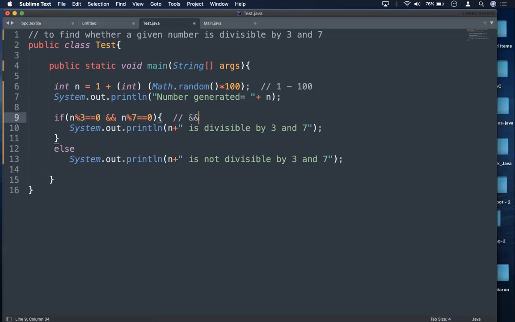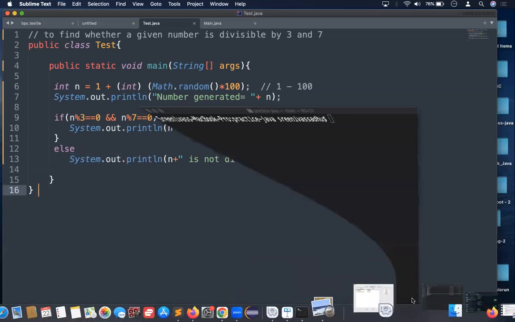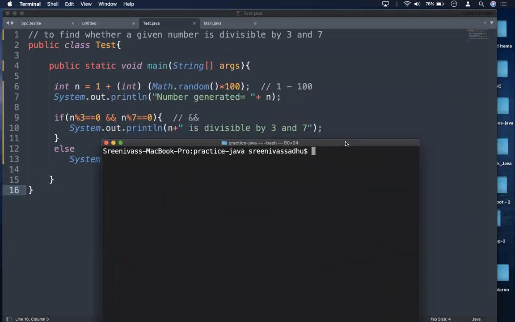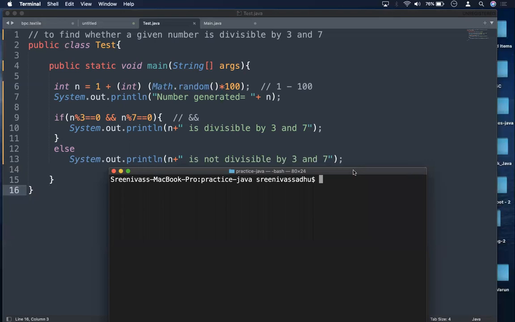And this is the AND operator, and it will give you true only when both are true. If one thing is false, then this else part is going to get executed. So let's test now. I'm in my terminal here, and the class name is Test. So let's run javac Test.java.